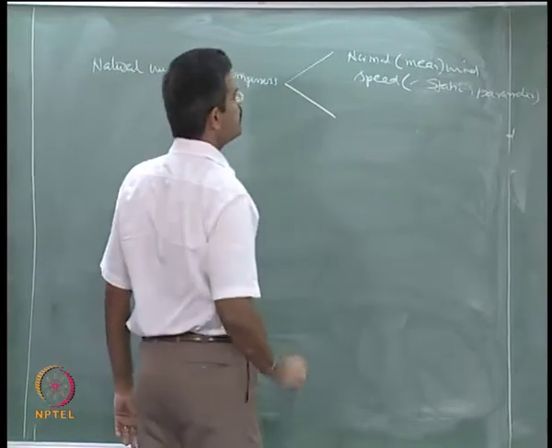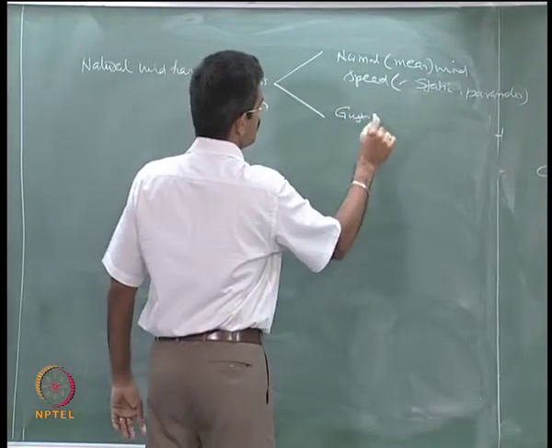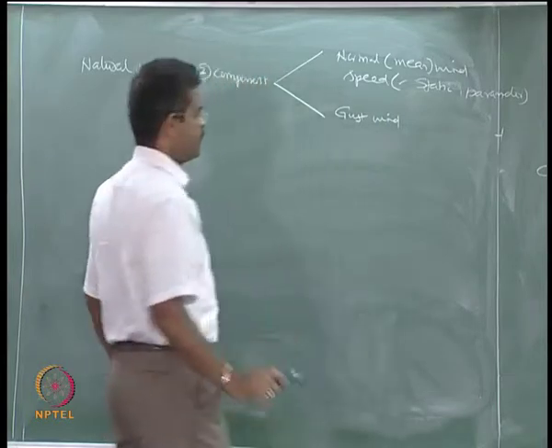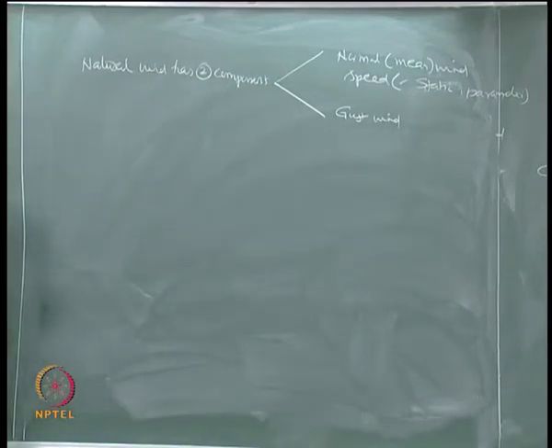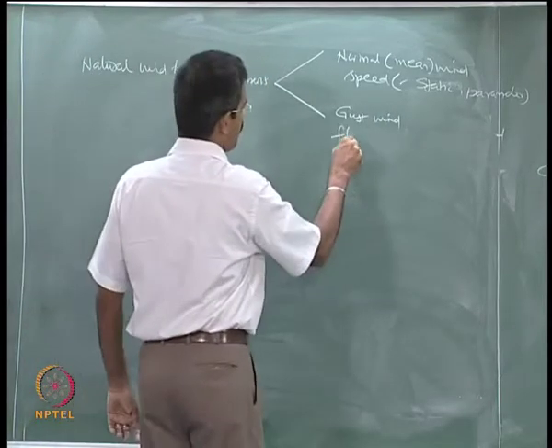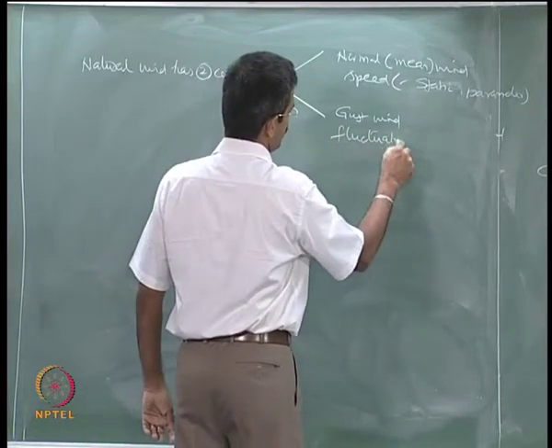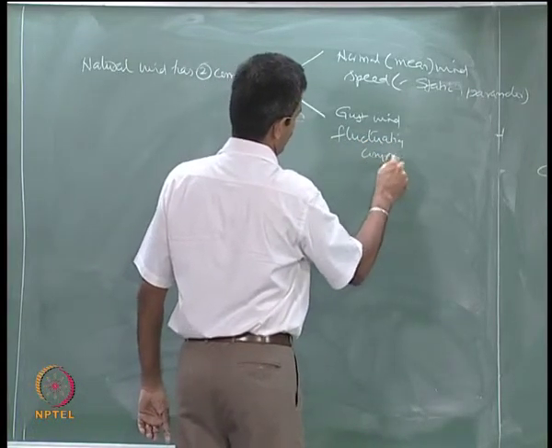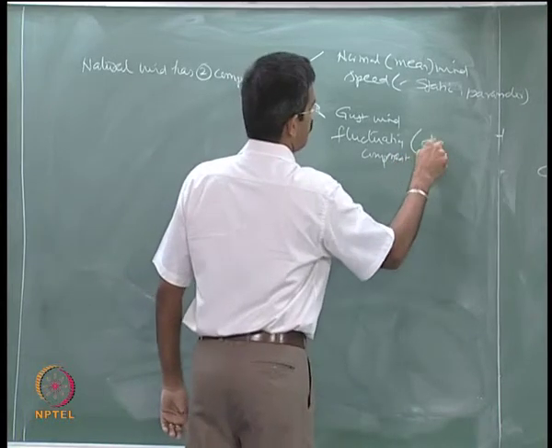The other one is the gust wind, which is the fluctuating component, which is the dynamic parameter.